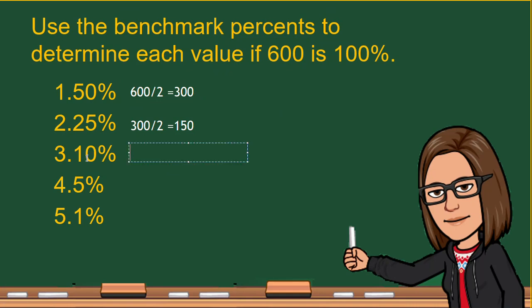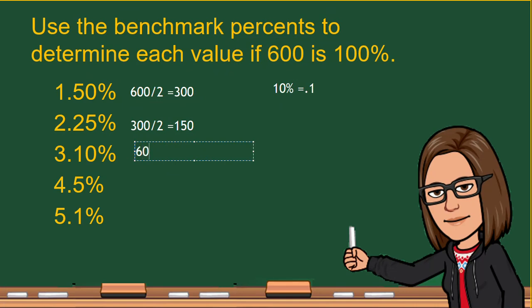Now, I think 10%. 10% is the same as saying 0.1. And so I think, okay, if I'm taking 0.1 times 600, then I'm just moving my decimal place 1 place, and so I'm going to get 60.